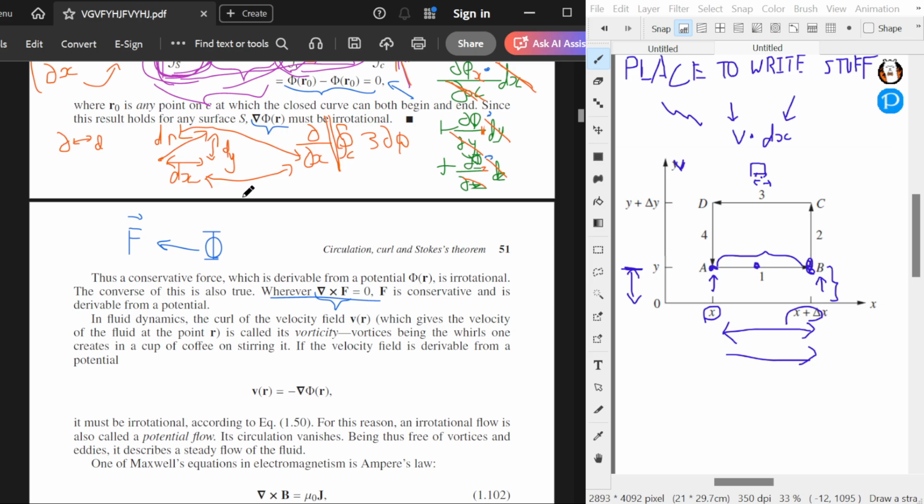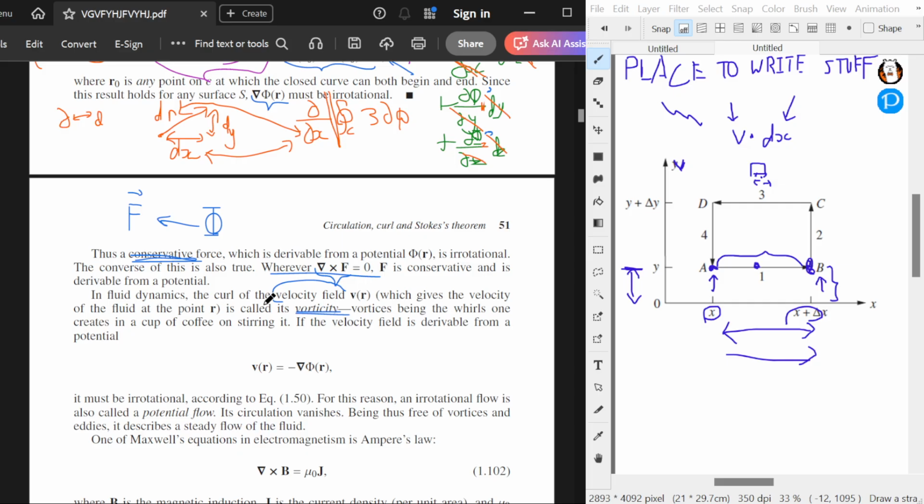In fluid dynamics, the curl of a vector field Vr, which gives the velocity of the fluid at point r, is called its vorticity. So I think the velocity field is the conservative force field. I think that's what they're getting at.